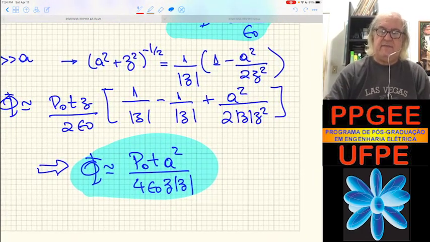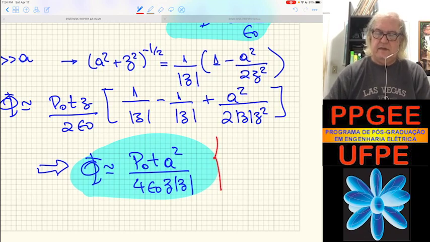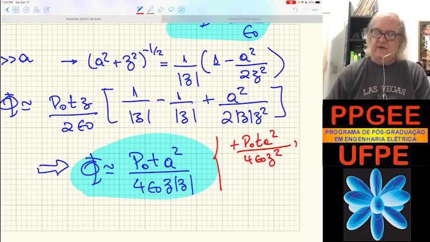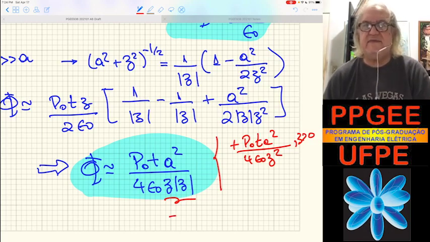So this is going to be plus P0 T A square over 4 epsilon 0 z square, I'm sorry, z square, for z larger than 0. And for z smaller than 0 it is going to be minus, since the magnitude of z is minus z.